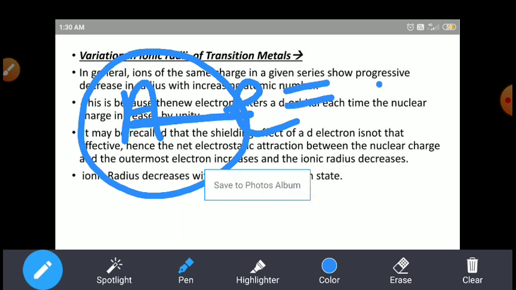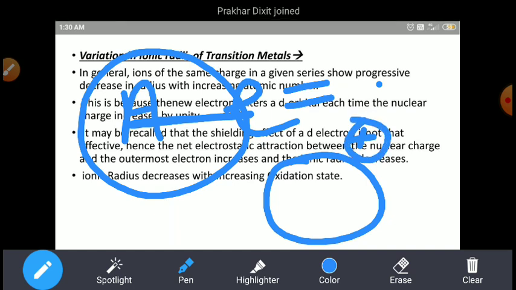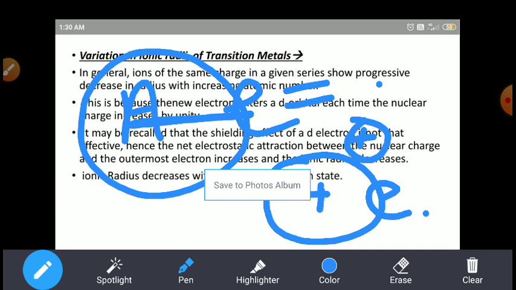And ionic radius means if this atom turns into an ion, either with positive charge or negative charge, then the distance from the center of the nucleus to the outermost electrons of the ion is called the ionic radius.